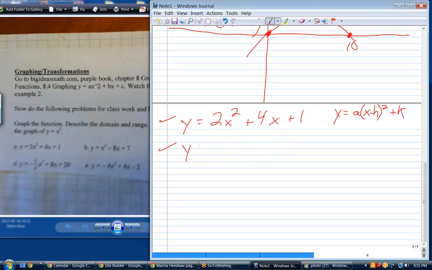Now, the first step for completing the square is to get rid of the coefficient from the x squared term. I can factor out a 2, but I'm only working with this part right here. I'm going to leave this plus 1 over by itself for a while. So what do I get when I factor out a 2 here?